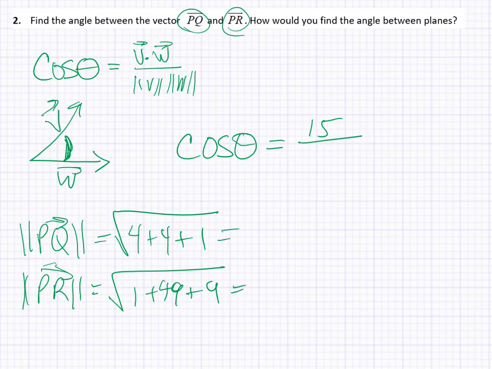And in this case, we're going to get, what, square root of 9, which is 3, and here we're going to get square root of 59, which you can't really do much with. So this will be 3 times the square root of 59.